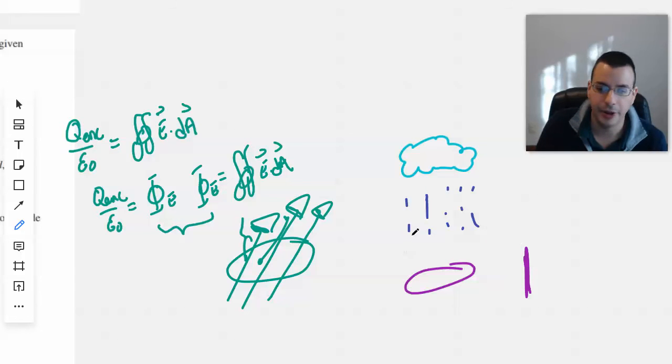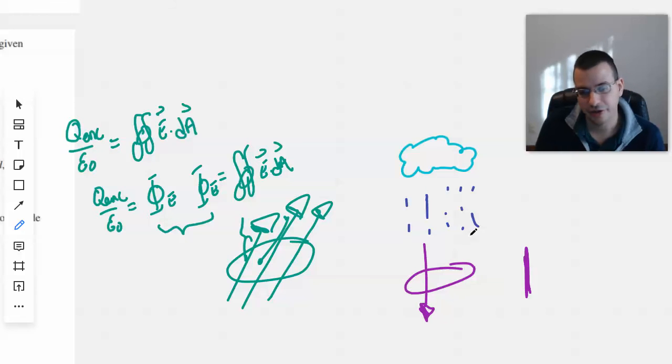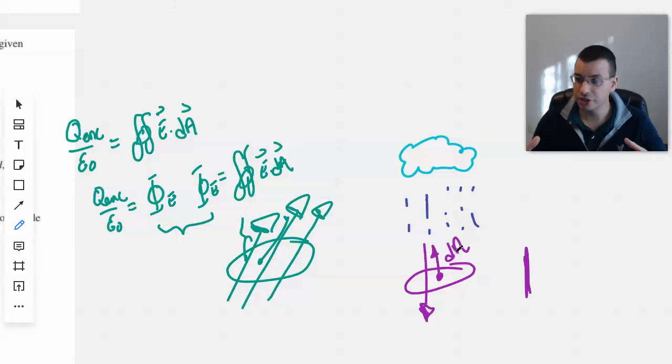The rain here represents the vectors falling downward, and the flux is the amount of rain falling down multiplied by the angle of the surface that you have. So to get maximum flux, you'd want your hula hoop to be parallel to the ground, and therefore the rain would fall straight down.